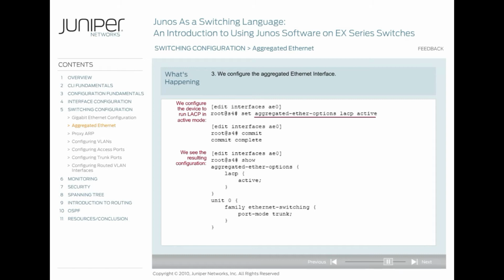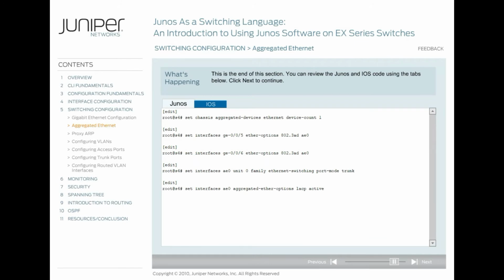By default, Junos does not run LACP. If you choose to run LACP, at least one side needs to be active for the link to come up. Unlike Cisco IOS, you configure these parameters only once at the aggregated interface level. So here, with just 5 commands, you've created an aggregated Ethernet bundle with 2 constituent interfaces.